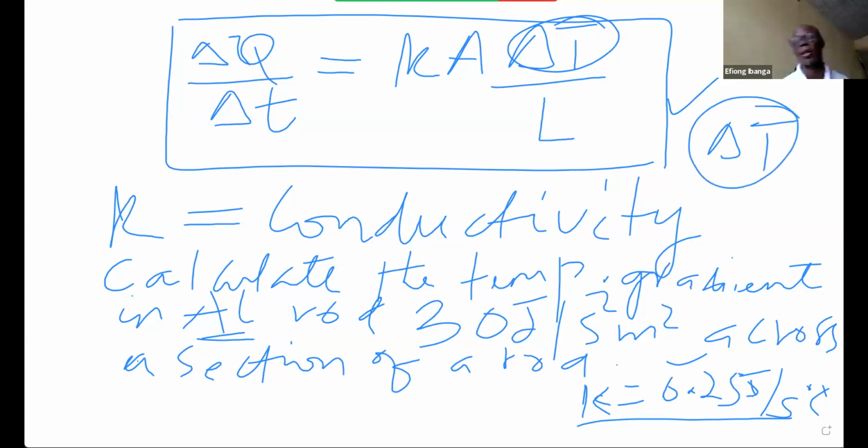Then you should be able to solve the problem. This is where we ended last time. Then I also discussed the other methods of heat transfer. Can you solve this problem and let me have the answer before we leave?